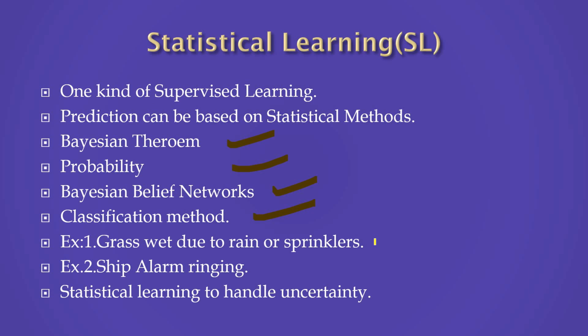Like that you can calculate the probability of this happening and of that happening, so that we have a set of values. Based on the largest value, we can estimate the probability and identify that this thing happened. This kind of concept is called uncertainty. To handle such uncertain situations, statistical learning can help us in a good manner.